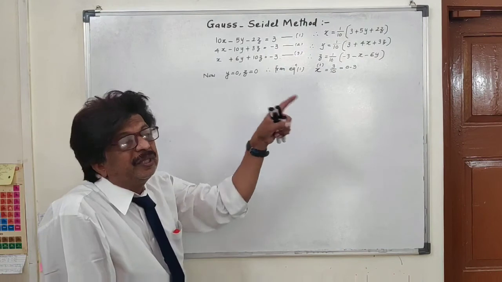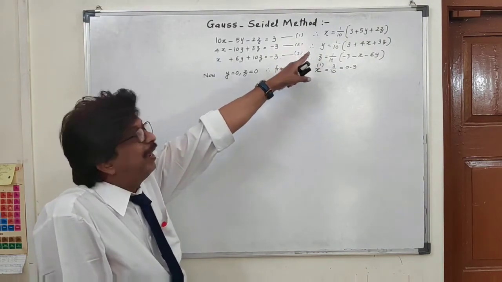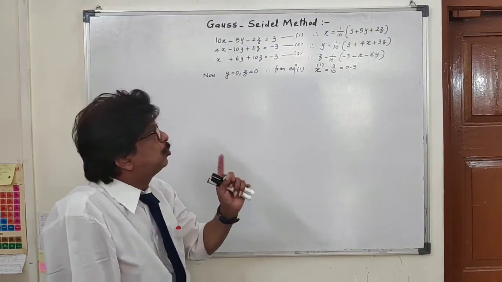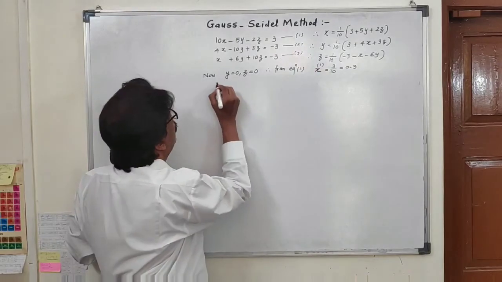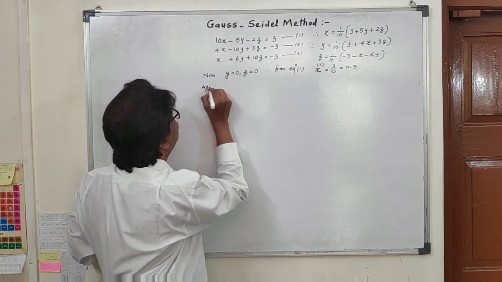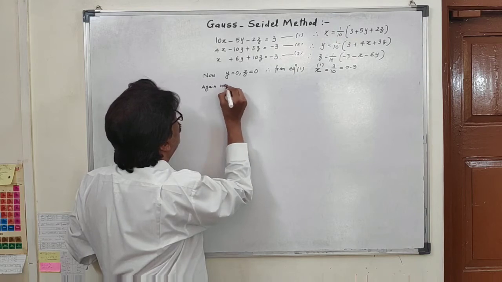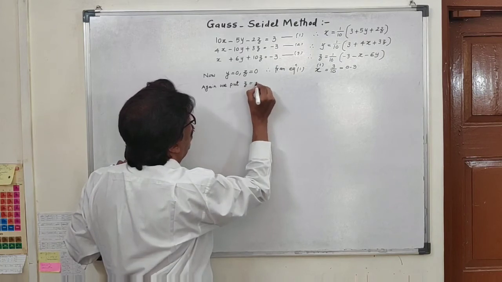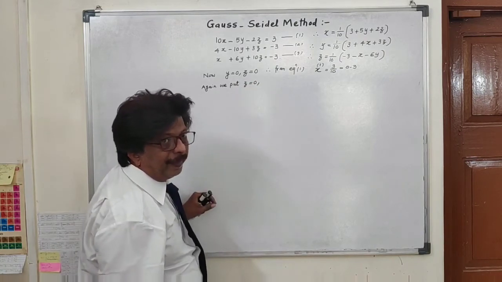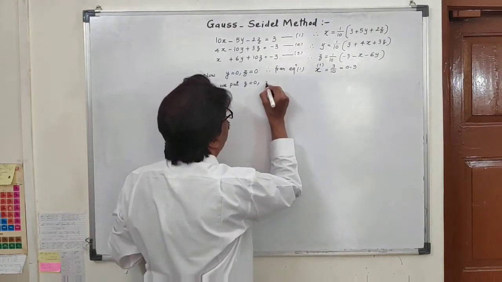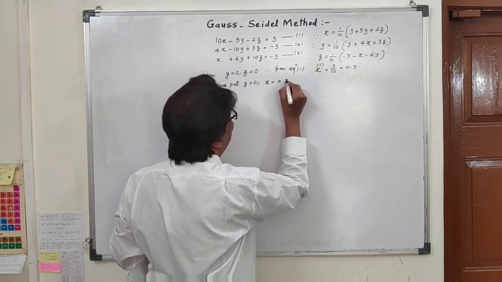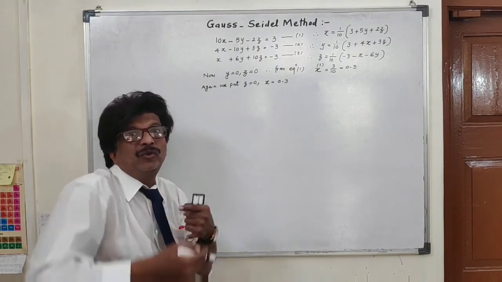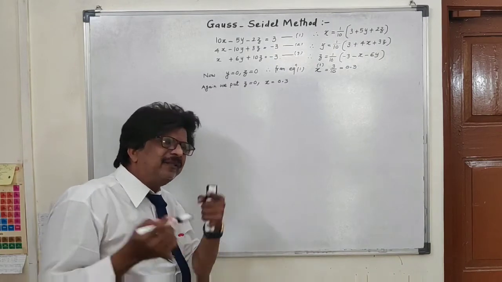Now we shall use the second equation. The second equation gives me the value of y with the help of x and z. I need the values of x and z. So we put z equal to 0 and x equal to this value. Throughout this process, we use the most recent values of x, y as well as z.